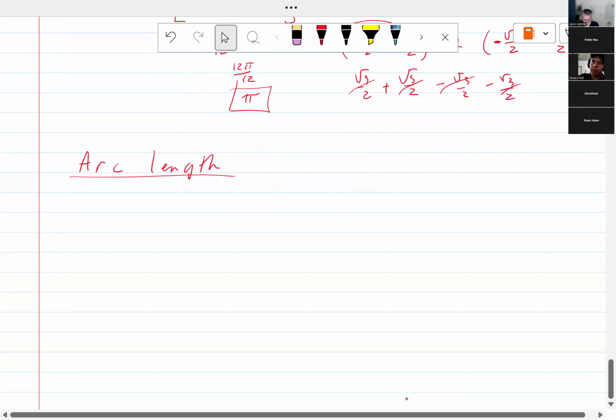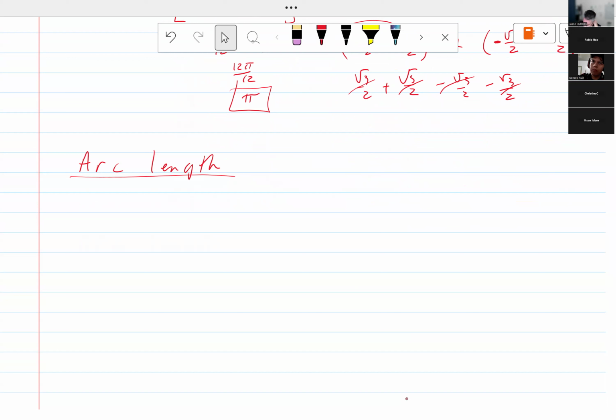Okay, arc length. Before, when we talked about arc length in rectangular form, we would have some f of x, that's a y, and our arc length formula would look like this: the square root of 1 plus f prime of x squared dx.